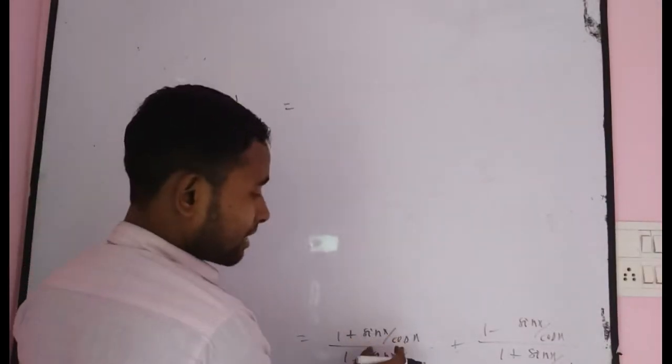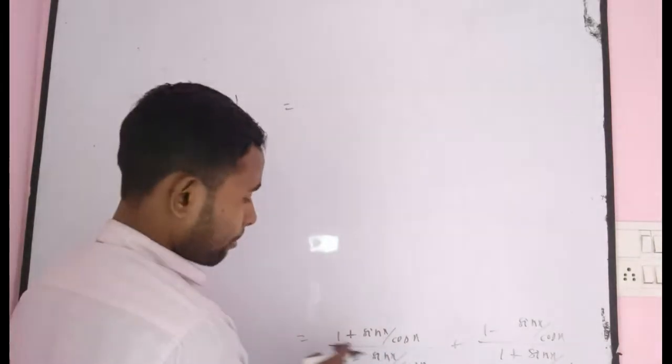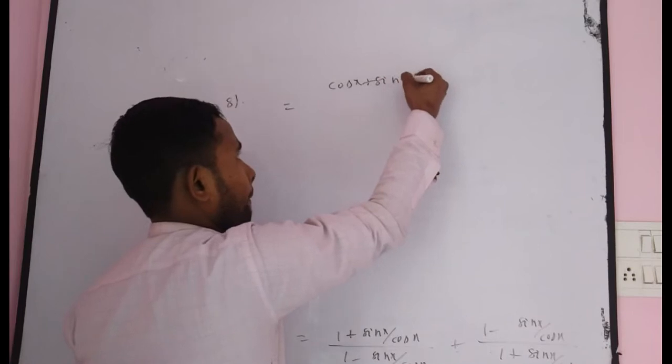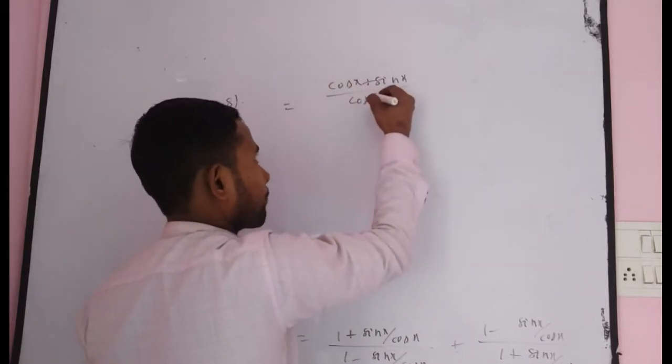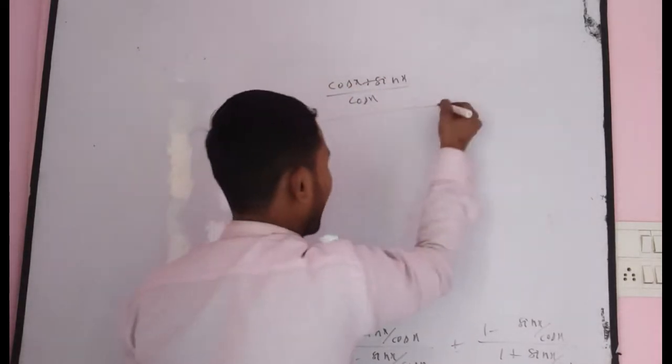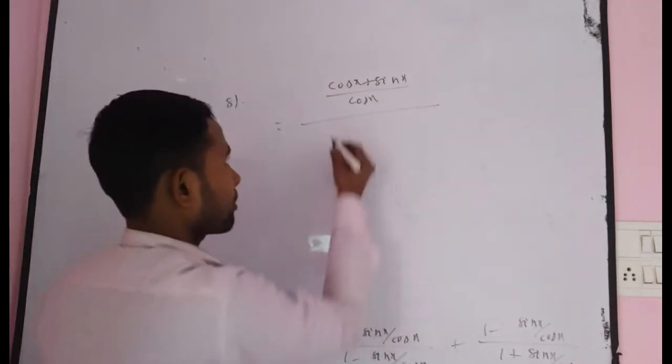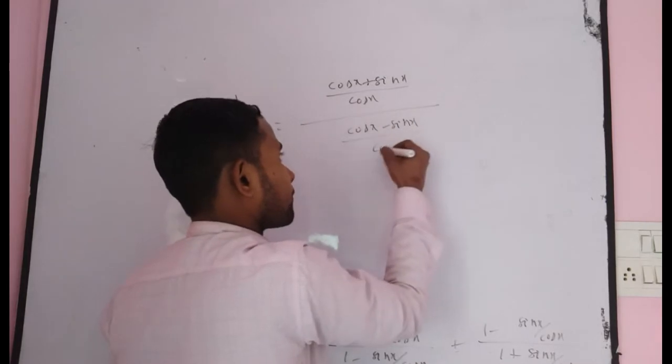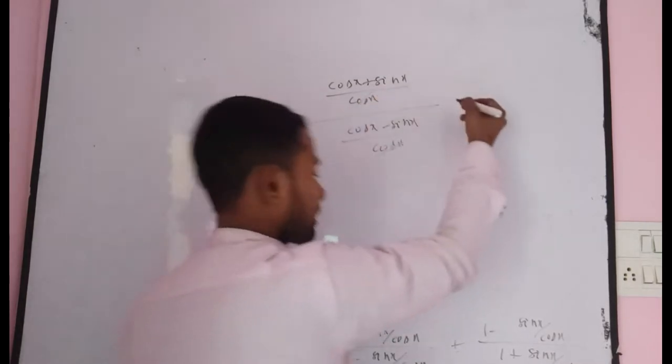If you take LCM of the above part, it becomes cos x plus sin x by cos x divided by cos x minus sin x by cos x. Cos x and cos x cancel here.